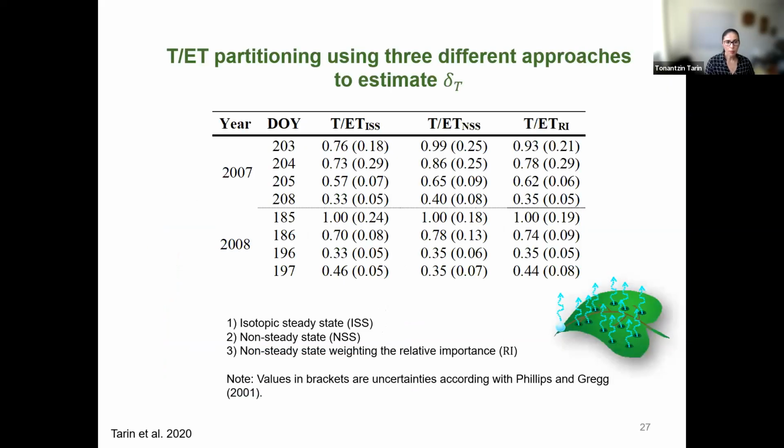So when applying the mass balance equation to partitioning the ET with the ratio of transpiration and evapotranspiration, we found a lot of uncertainties associated with these different approaches, and we saw that the error propagation was increasing with a more complex approach.